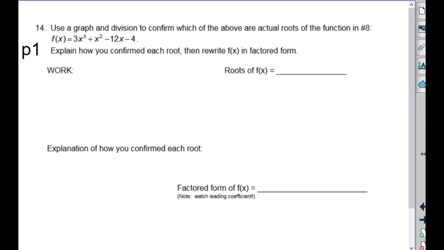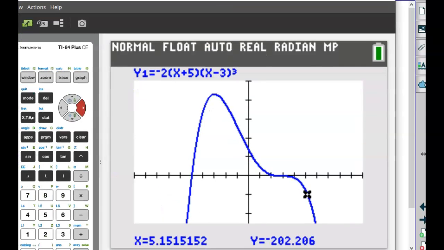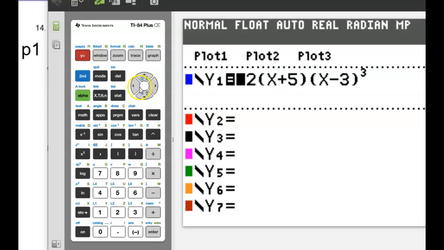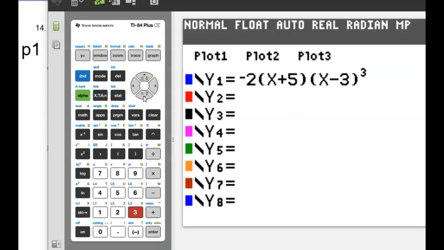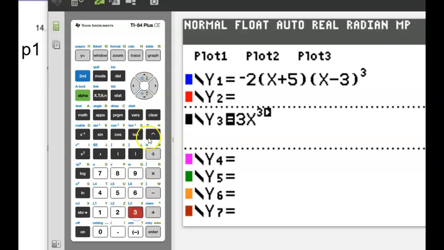Okay, so I'm going to graph this. Someone's going to read it to me real fast. Okay, 3x to the third minus 4x.